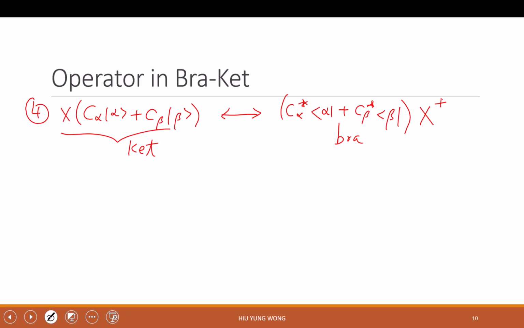Then let's look at the last property, the associative property. So that's what it says. If I have this, can someone try to understand what this is? I will think of it as a ket, a bra, and then in the middle is a matrix.